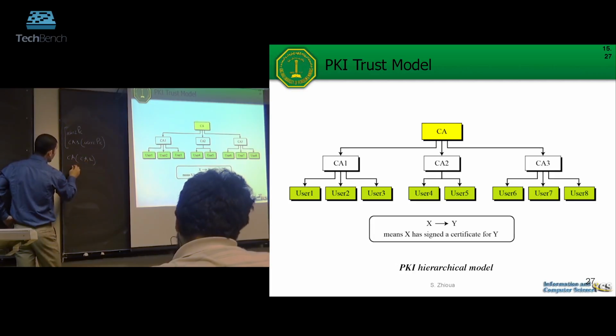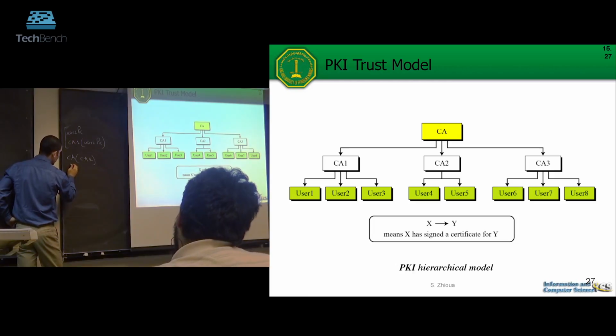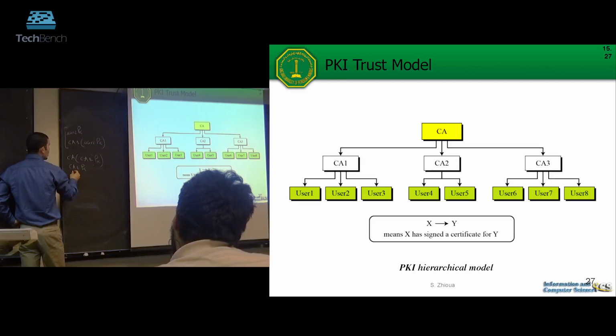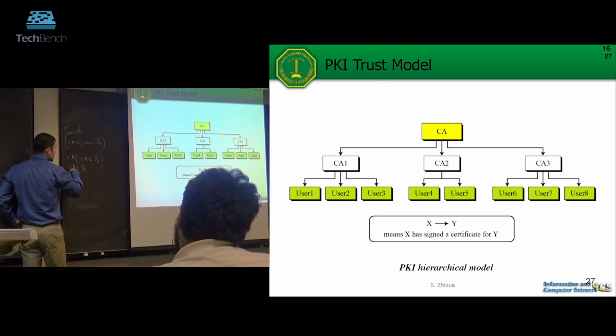Of course, it will have the CA1 public key. It will take that CA1 public key, and to validate that this is the public key of CA1, it will decrypt this with the public key of CA.